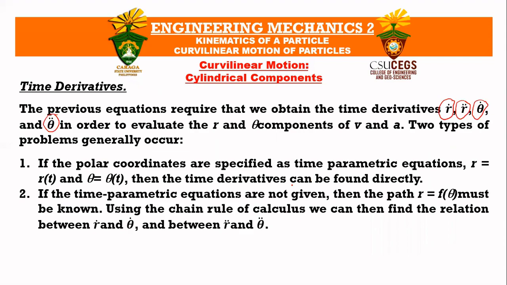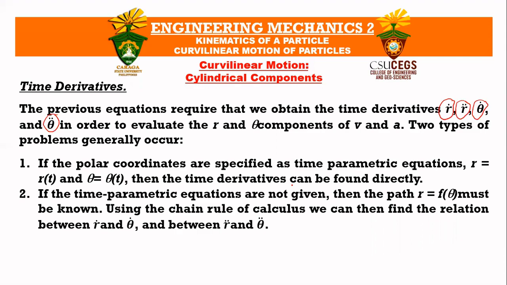So there are actually two types of problems that generally occur. If the polar coordinates are specified as time parametric equations, that is r is a function of time, or r is equal to r(t), and theta as a function of time, which is theta is equal to theta(t), then the time derivatives can be found directly.